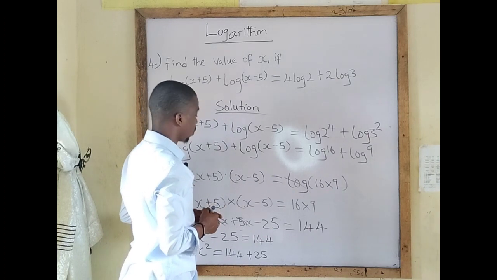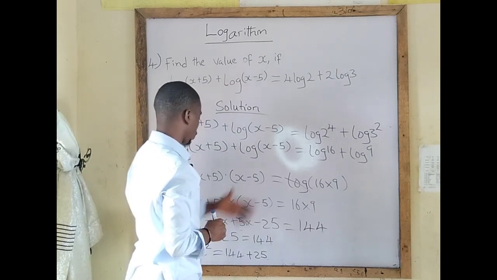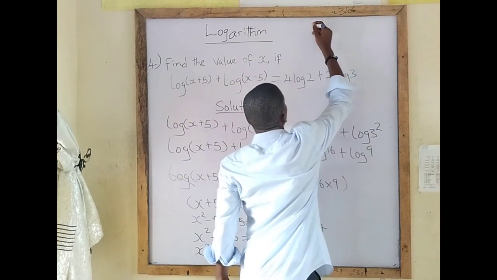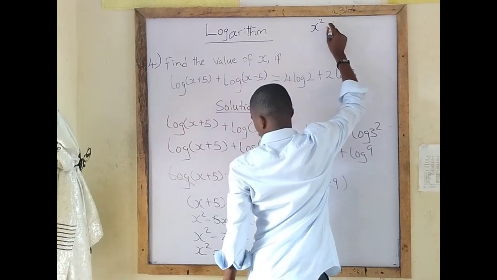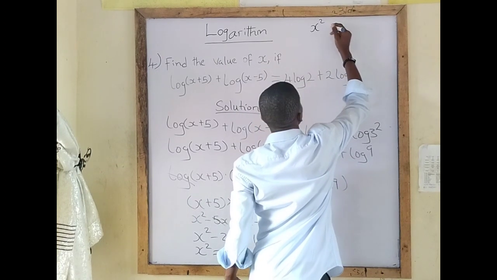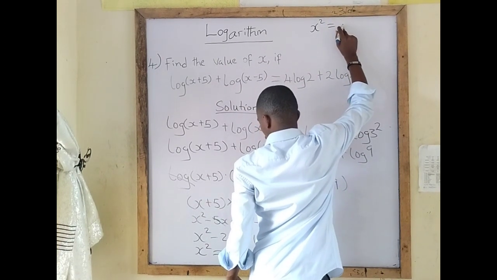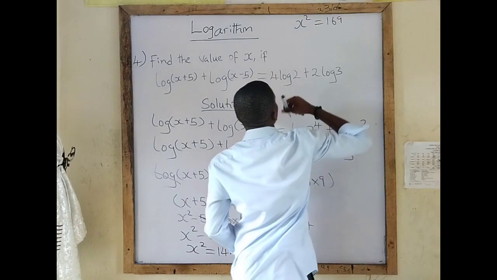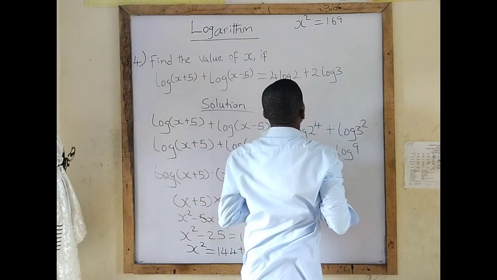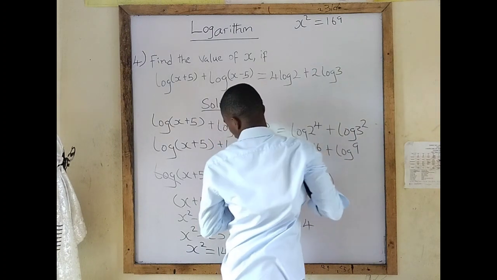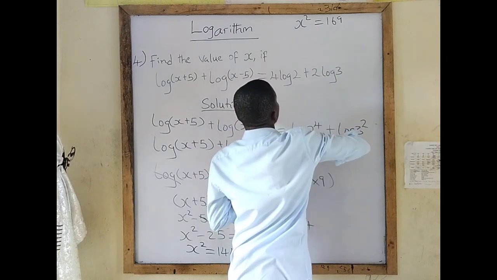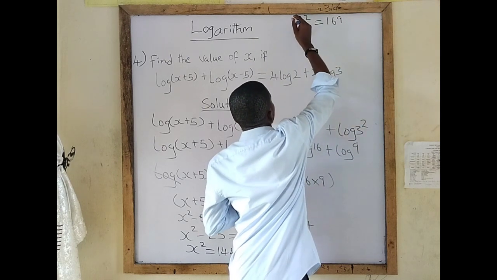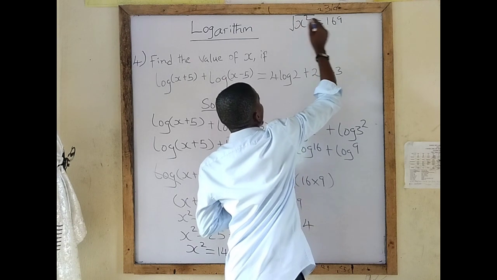So we will move to this part of the board, and we'll have x squared equals 144 plus 25, which is 169. To take off the square, because we are looking for x and not x squared, we take the roots on both sides.